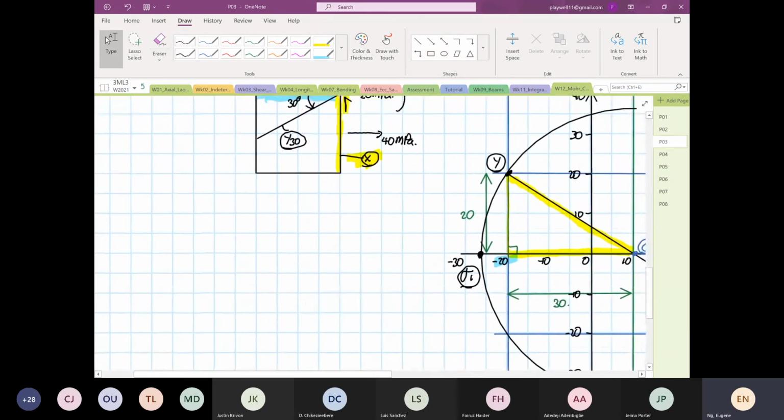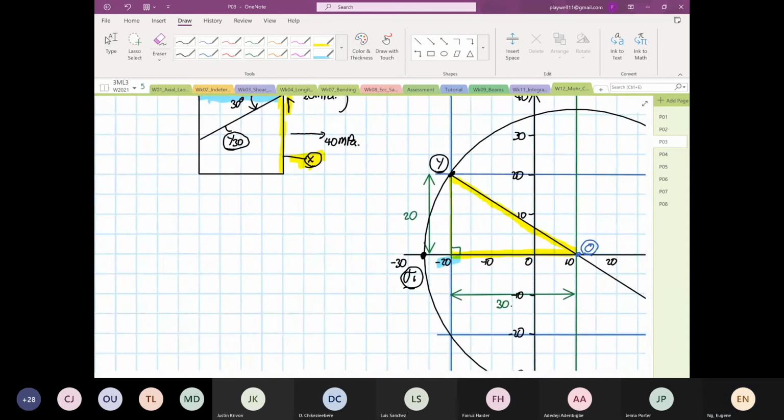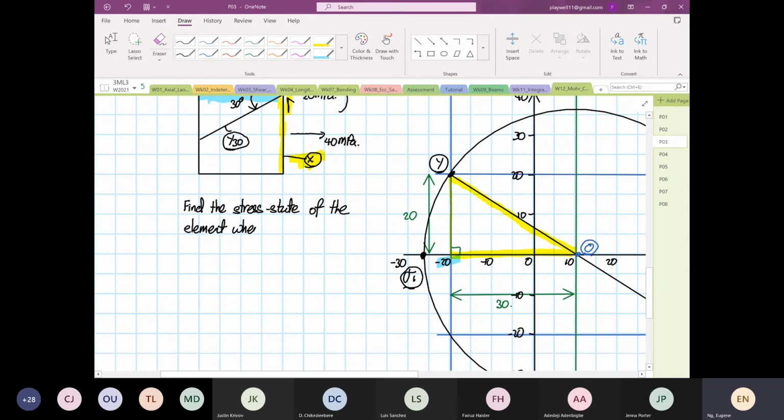So what we're trying to do is find the stress state of the element when it is rotated 30 degrees anti-clockwise from the horizontal.